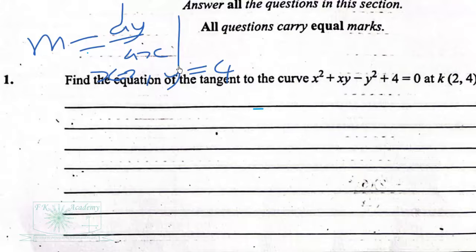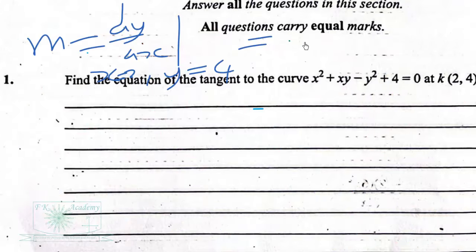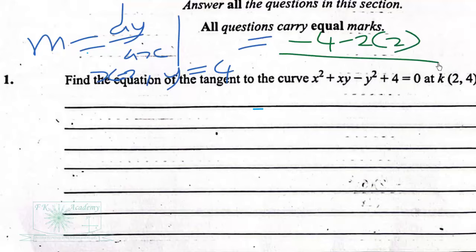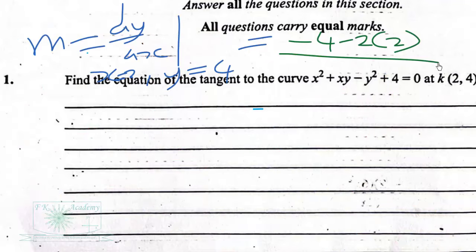So dy dx at x equal 2, y equal 4 will be equal to, we had negative y minus 2x, so negative 4 minus 2 into bracket 2 all over x minus 2y, so 2 minus 2 into bracket 4.